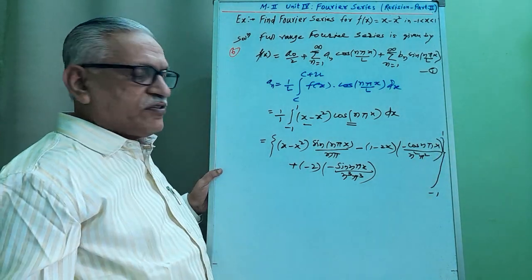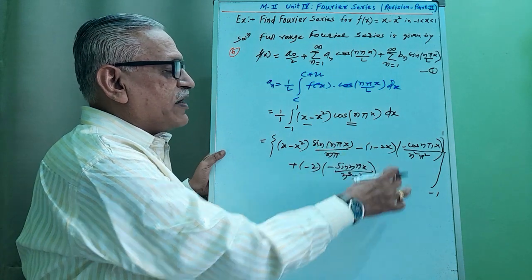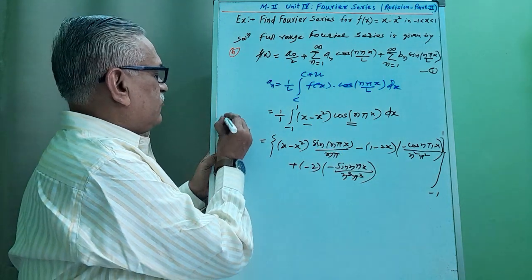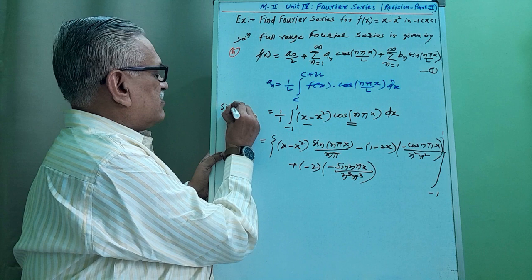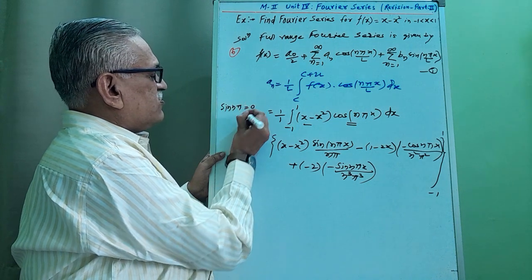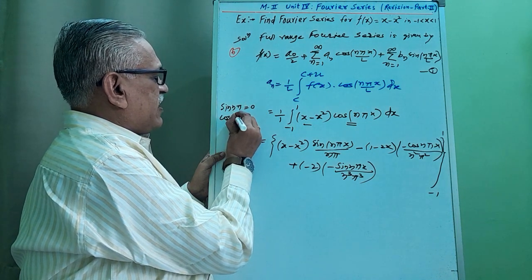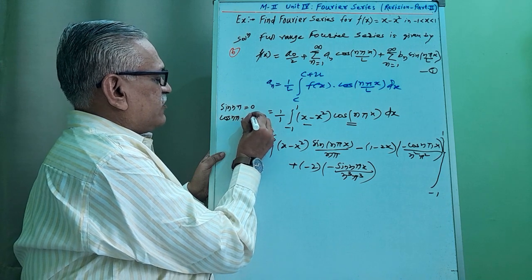When we substitute the values, we get sin n pi and cos n pi. The value of sin n pi is 0, cos n pi is minus 1 raised to n.